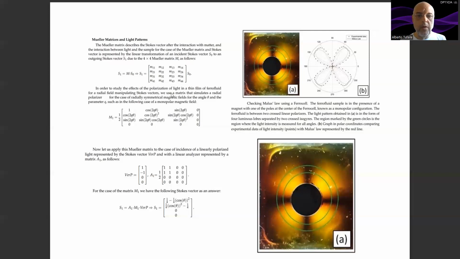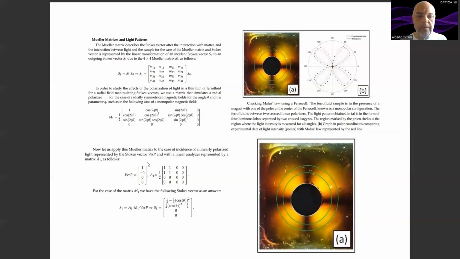We can observe the Malus law when we use this sequence of Mueller matrices operated on the Stokes vector.